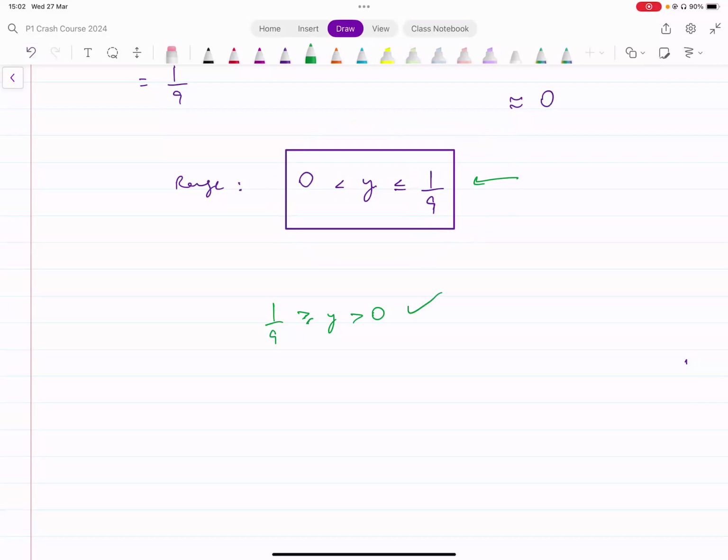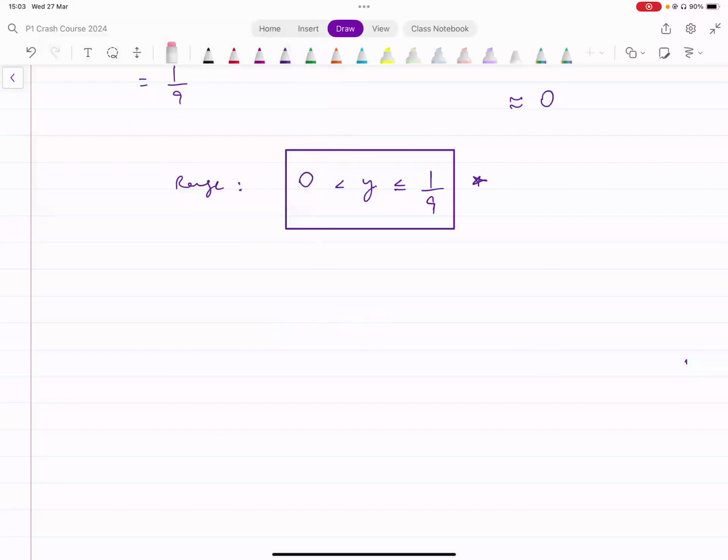This also is correct mathematically, but conventionally, we write the smaller number on the left, the larger on the right, with less than signs. So that's what is generally given in the marking scheme.